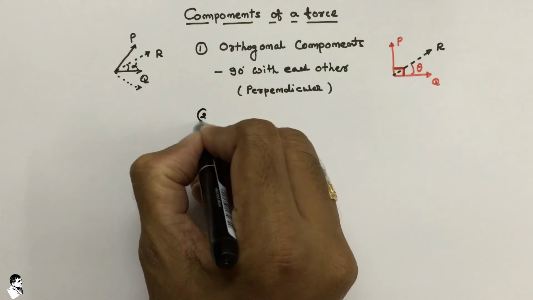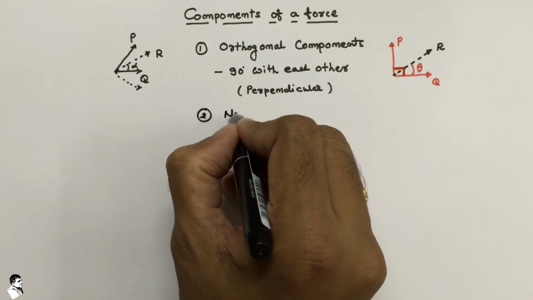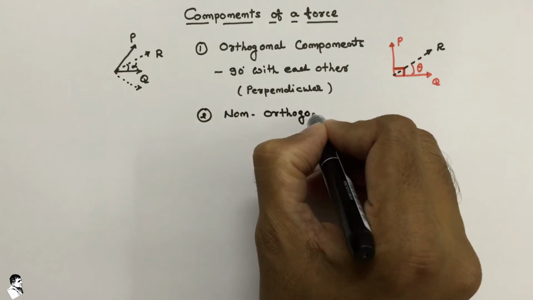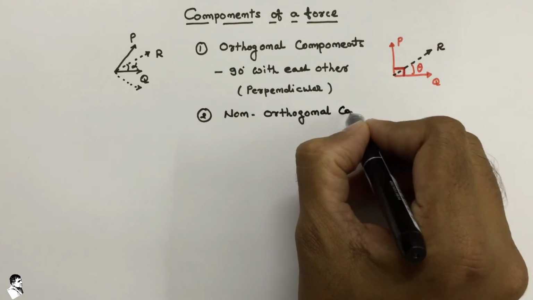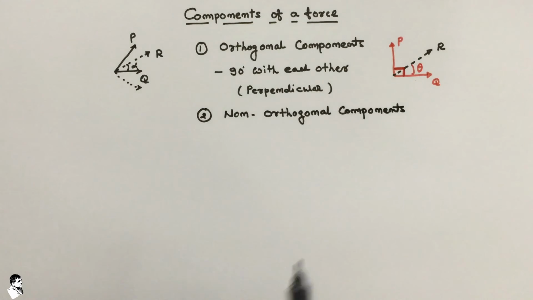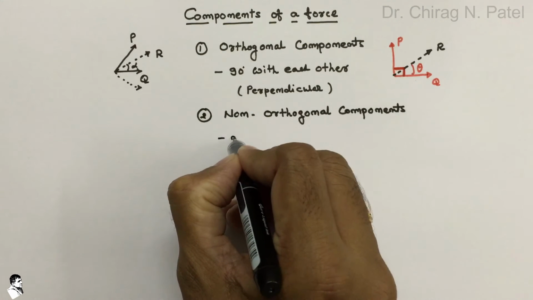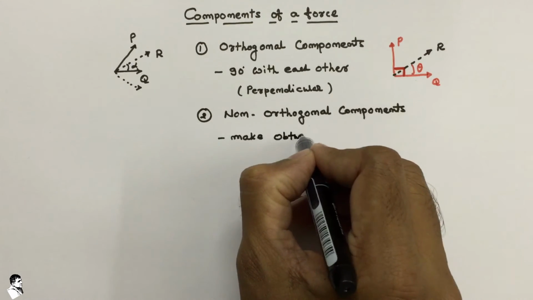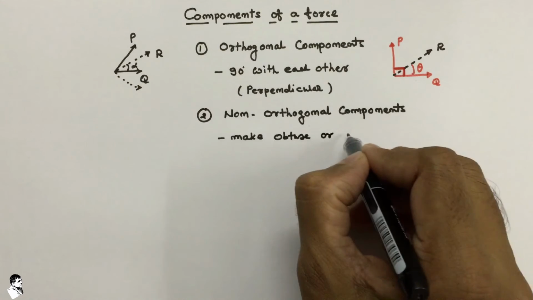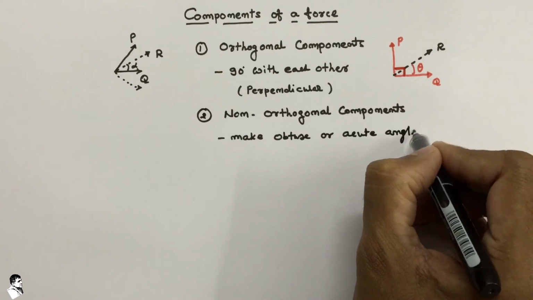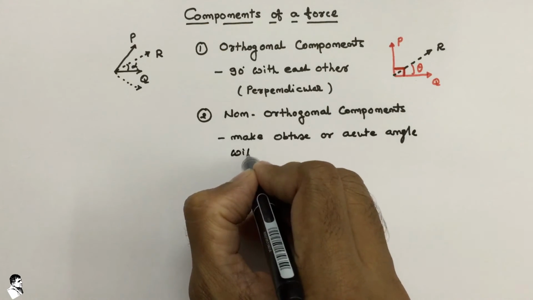Second type of components are non-orthogonal. Now in this we can understand that the components make an obtuse or acute angle with each other.